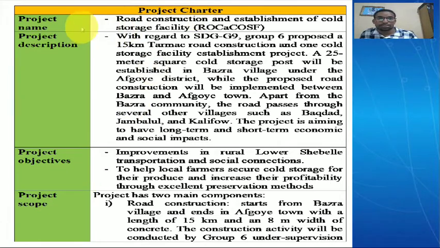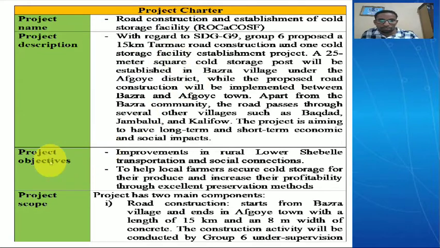So here is our project charter. As you can see, the name of the project is Road Construction and Establishment of Cold Storage Facility. Our project is abbreviated as ROCA Cost. The project description is the establishment of a 15-kilometer road, which is called a tarmac construction road, as well as the establishment of a 25-square-meter cold storage facility.